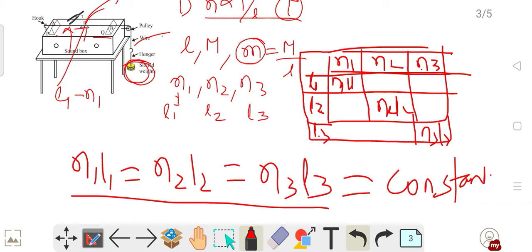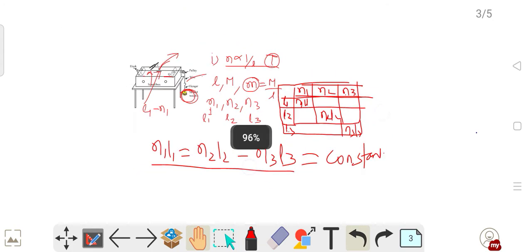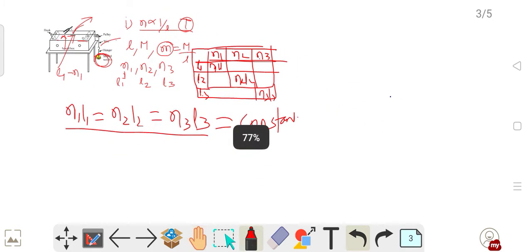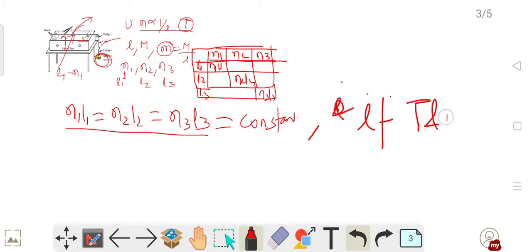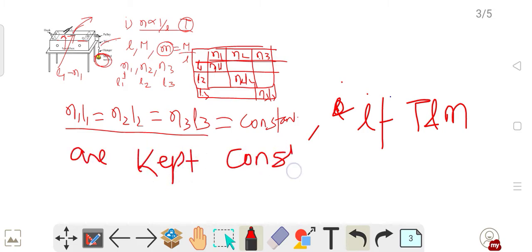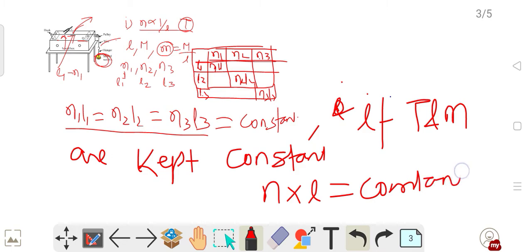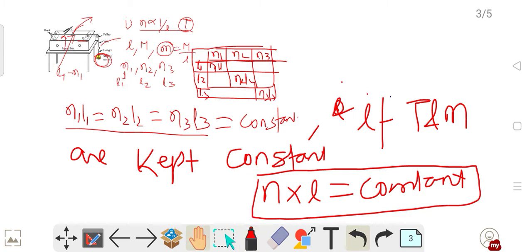So from here, what did they find? That if T and M are kept constant, N into L equals constant. If T and M are not changing, then this N cross L value will not change.